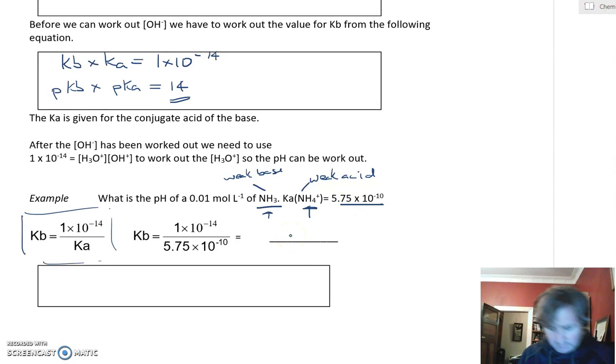Let me just put this into my calculator. Okay, so we have 1 exponential negative 14 divided by 5.75 exponential negative 10 equals 1.74 times 10 to the negative 4.